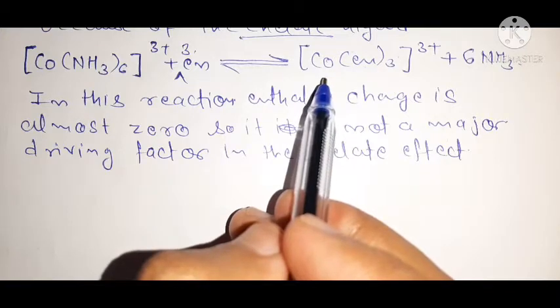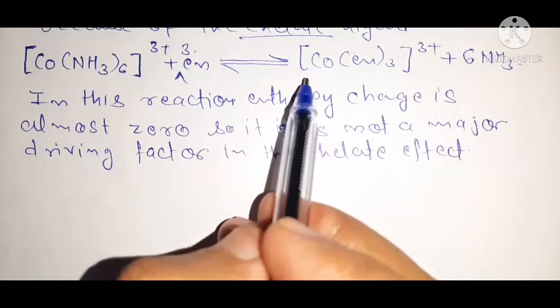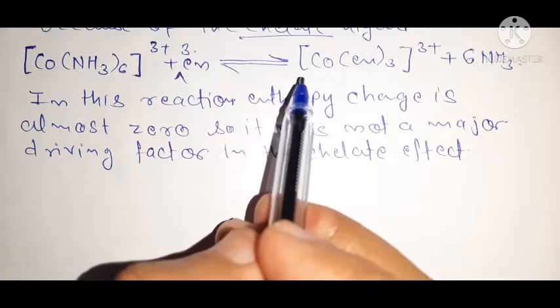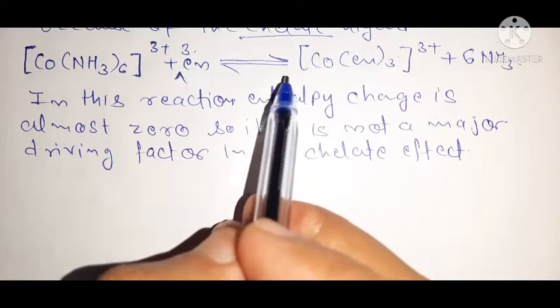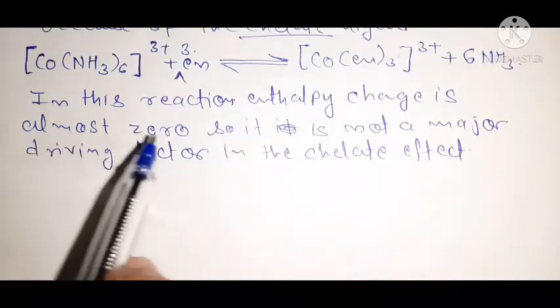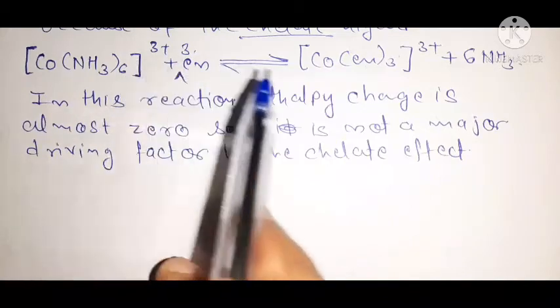Okay, because in this case entropy change is positive, that means entropy increases. So that means entropy is the primary driving factor for this chelate effect. We conclude that enthalpy change is almost zero, but here entropy change is considerable.